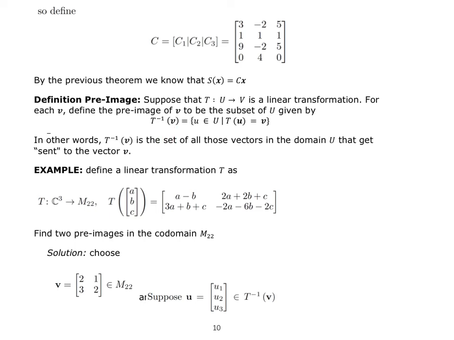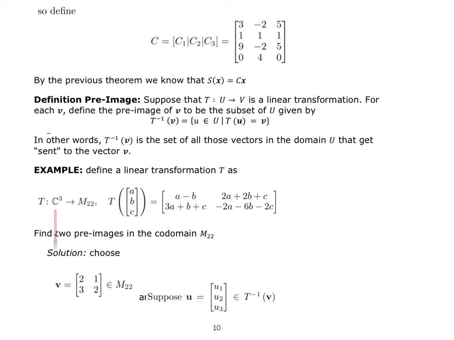So when I think about pre-image as being like your domain values and your image being your range values, if you want to think about it in pre-calculus 1, when we talked about domain and ranges of functions. So let's look at this linear transformation.